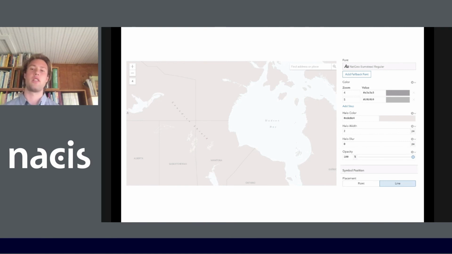There's a different color for zoom 4 than for zoom 5. That way, it maintains that balance across a couple different views of the map, and it really makes sure it's staying at the place it needs to be. You can also see that we have a slight mask built in there.